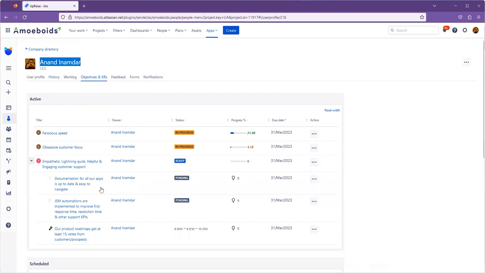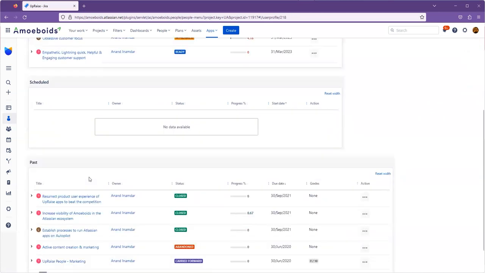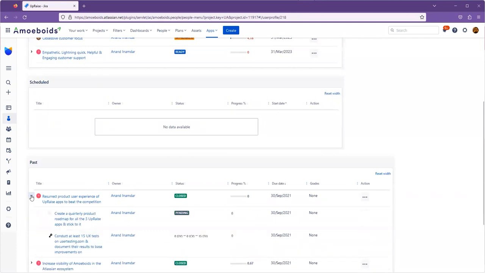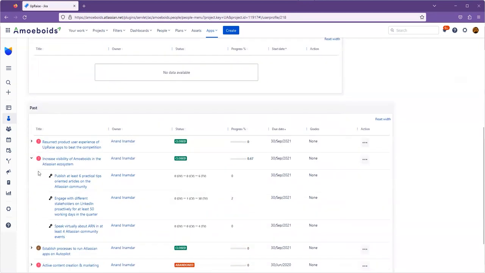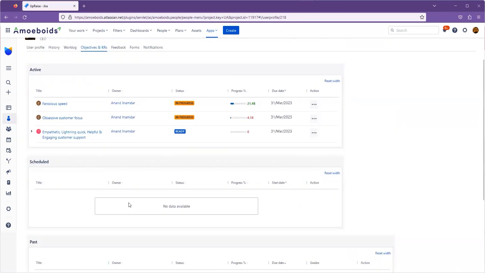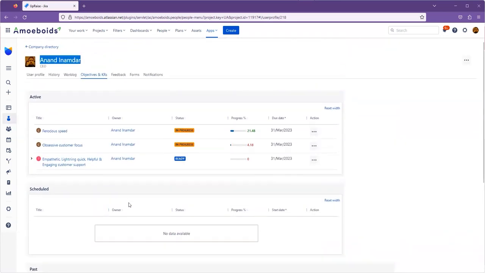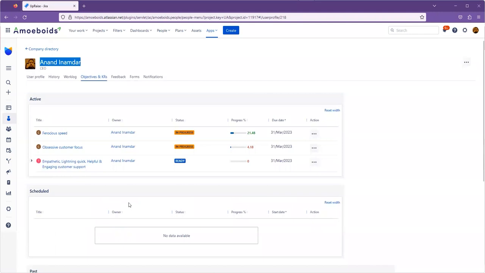So for example, although in here I own the objectives as well as the key results, if I were to scroll down and pull up something else, I might find an objective that is owned by someone else, but it is showing up here because the key result belongs to me.